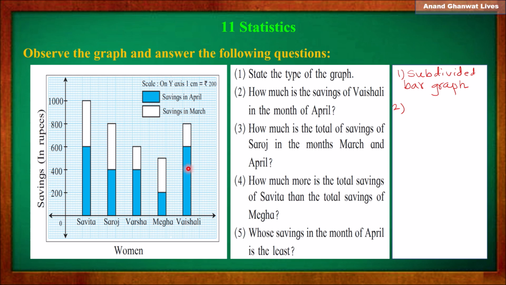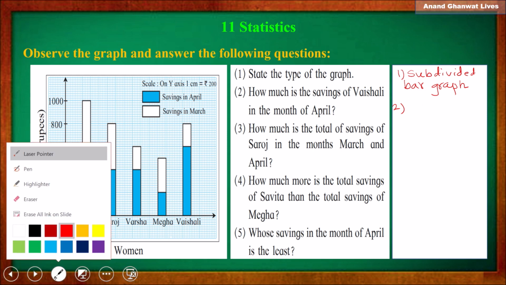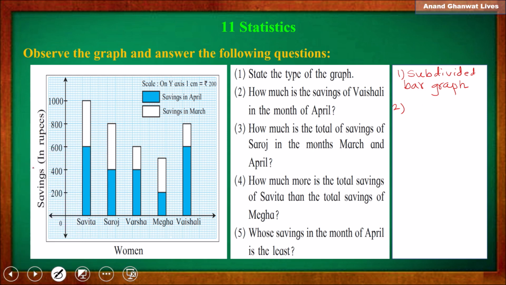So the saving of Vaishali in April is shown here. Yes, it is 600 rupees. So saving of Vaishali in month April is rupees 600.